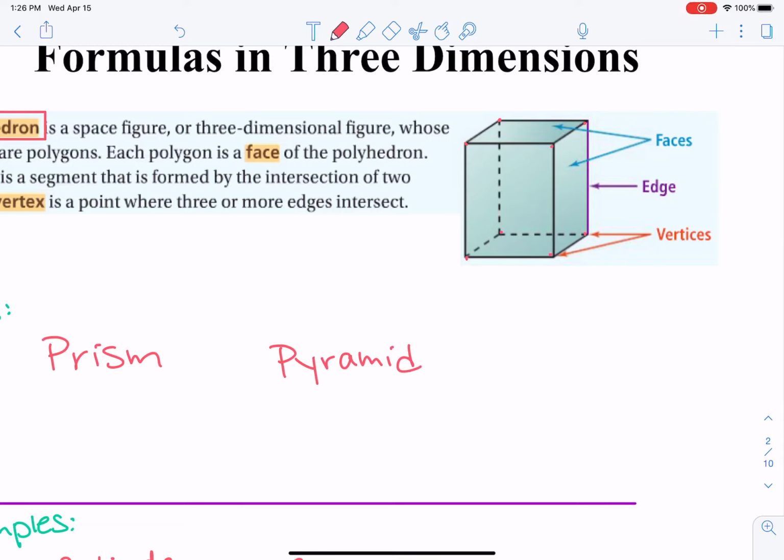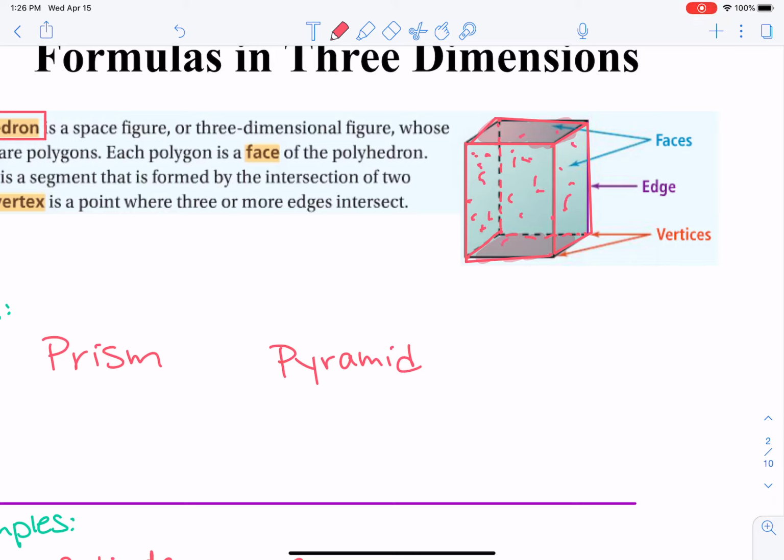And the edges are these straight lines. And then the bases are the top and the bottom. Sometimes it's on its side, so you really just have to look for which 2 pieces match to know if it's a base, because you could be sitting the Kleenex box on its side. So here, our base, our top, and our bottom. And then the faces are all of these sides.